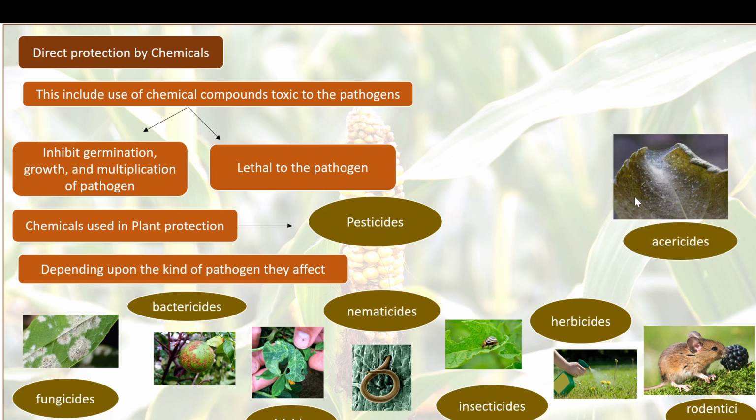And in many cases you must have seen a web like structure. These are caused by mites, and for this we use acaricides, right? So depending upon the kind of pathogen, the pesticides are named accordingly.